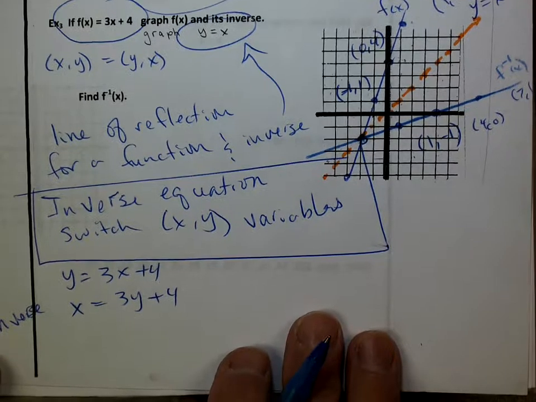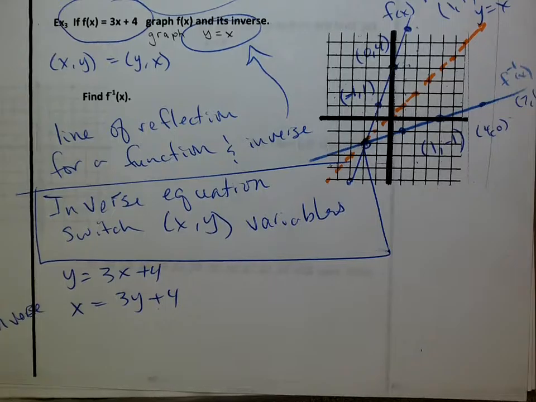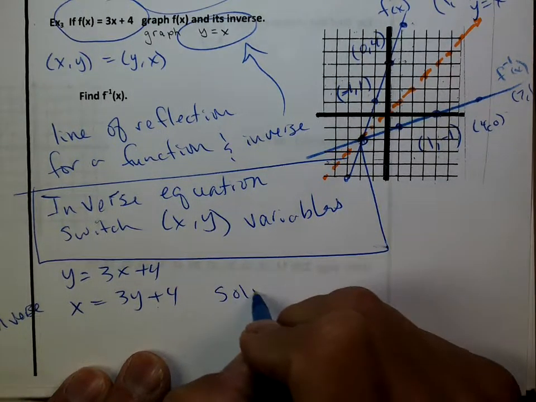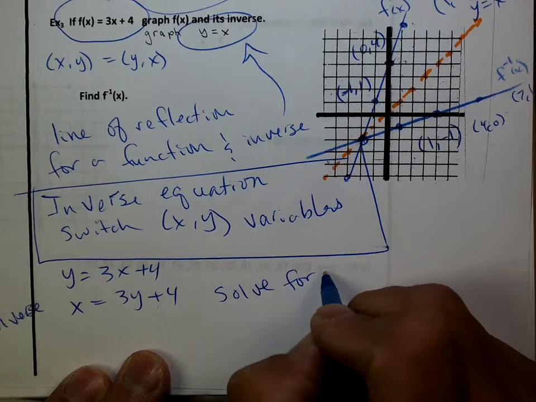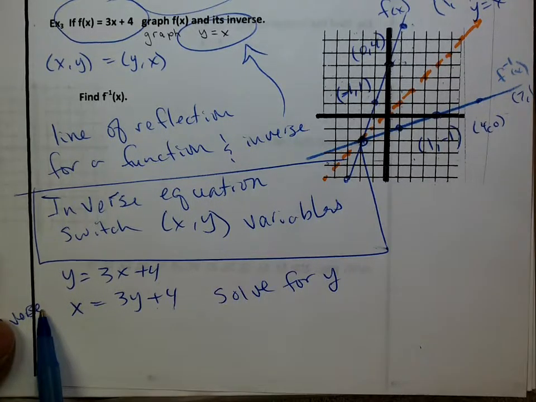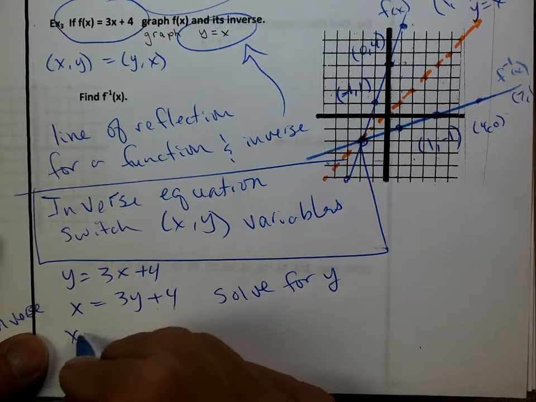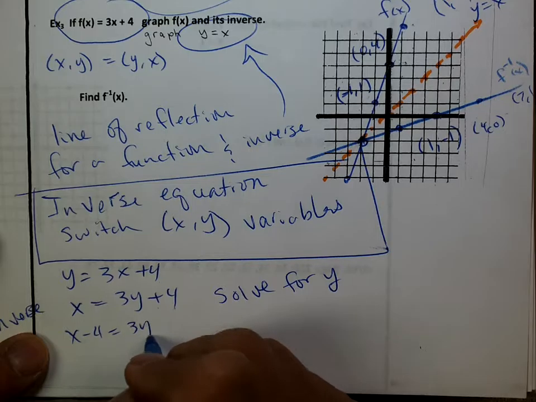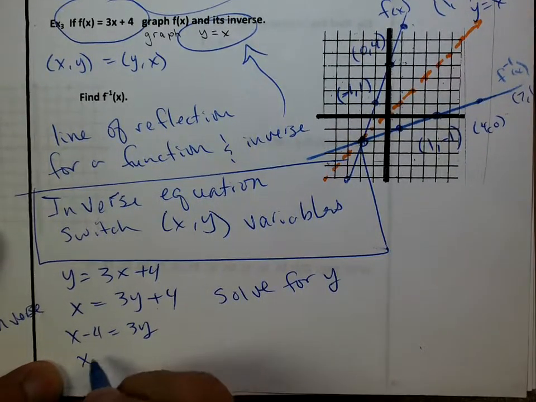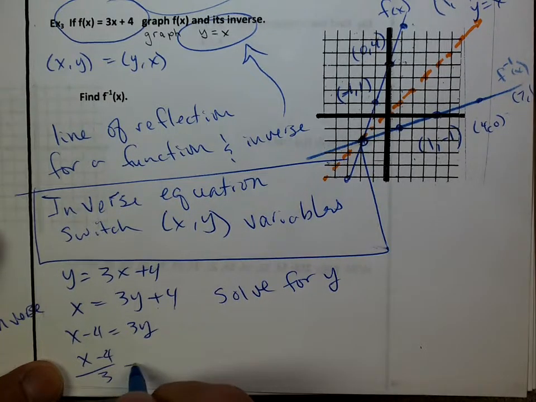Easy. Now, it's not in a very nice form. Let's fix it by solving for y, so it looks like an equation. If I solve for y, I'll bring over the 4, and x minus 4 equals 3y. Divide by 3, and x minus 4 over 3 equals y.